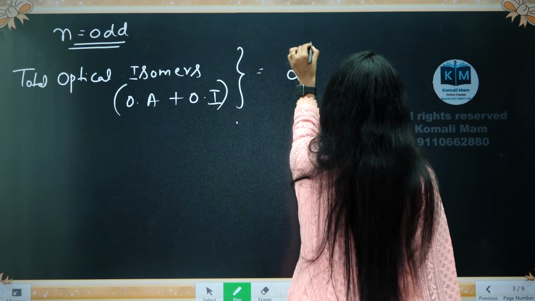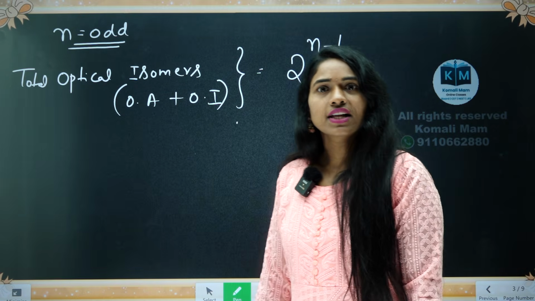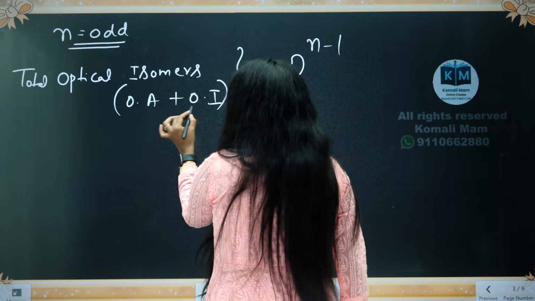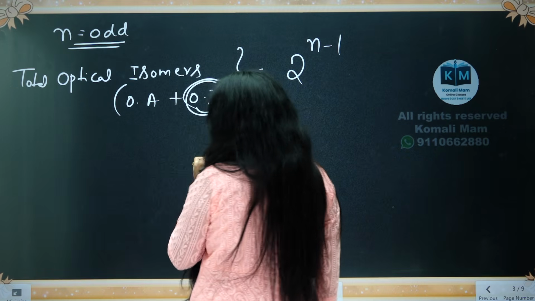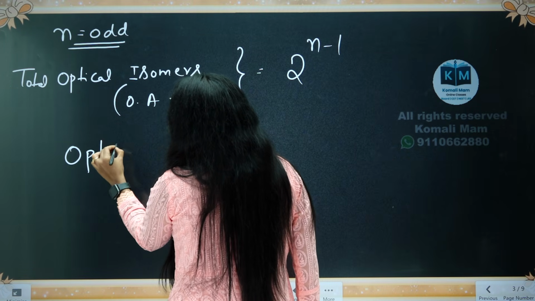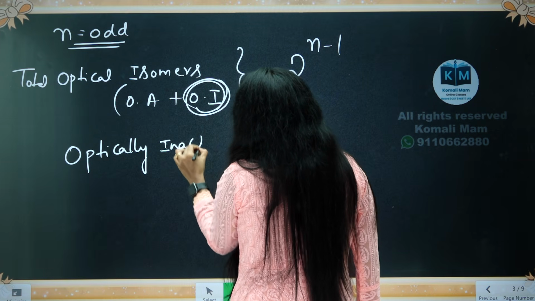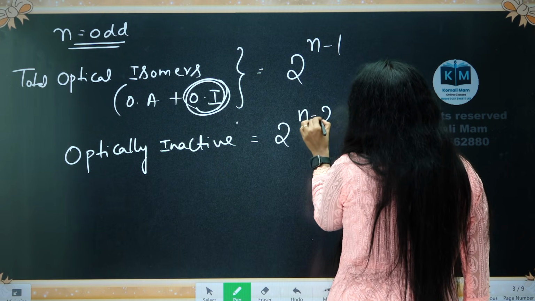The formula is just 2 to the power of n minus 1. That's it. If you want to find optically inactive forms, what is the formula? 2 to the power of n minus 2.